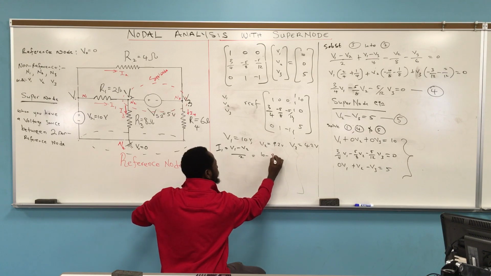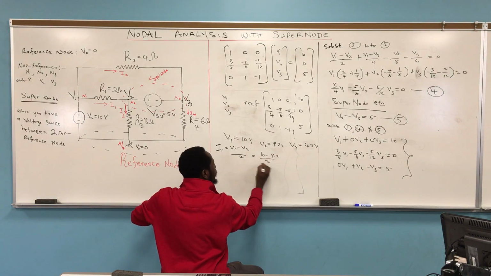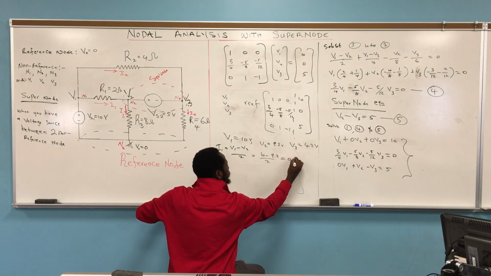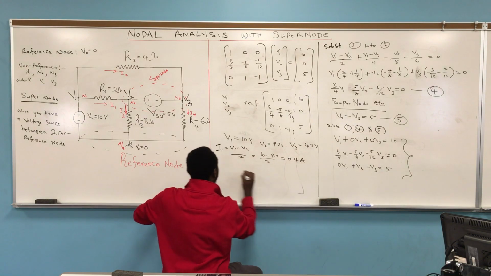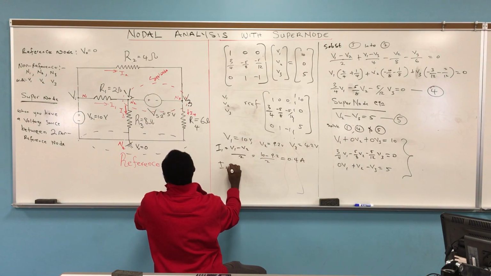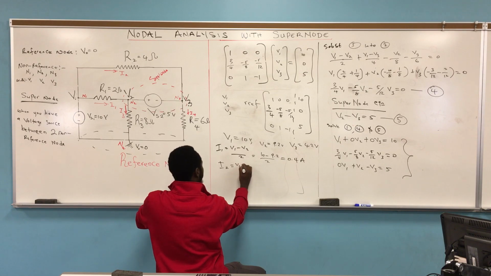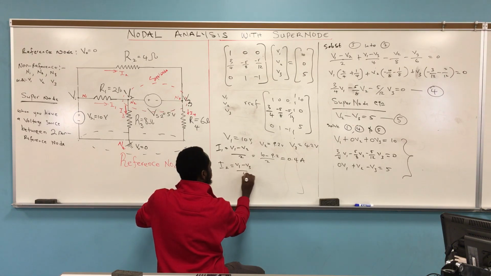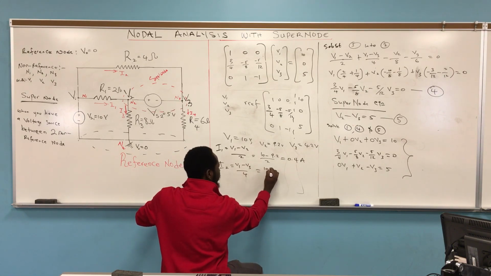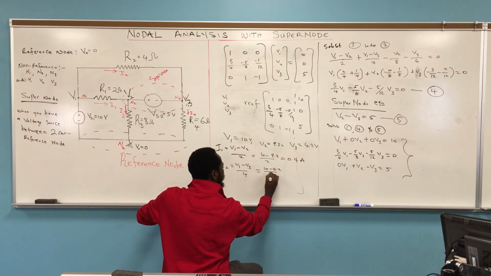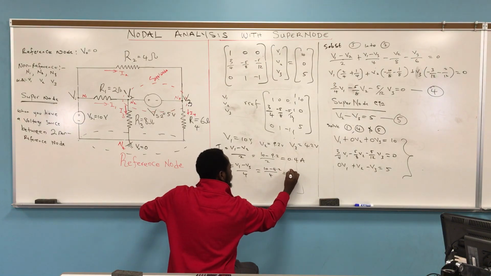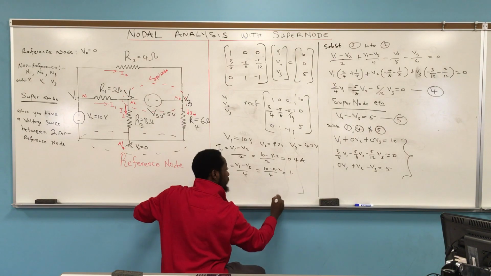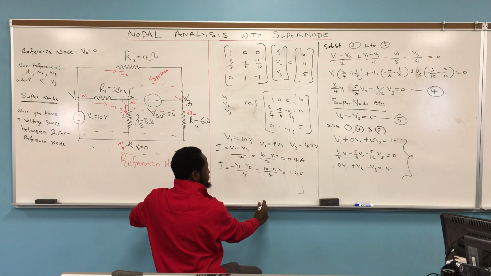So 9.2 divided by 2 gives 0.4 amperes. I2 is V1 minus V3 divided by 4: 10 minus 4.2, divided by 4, which is 1.45.